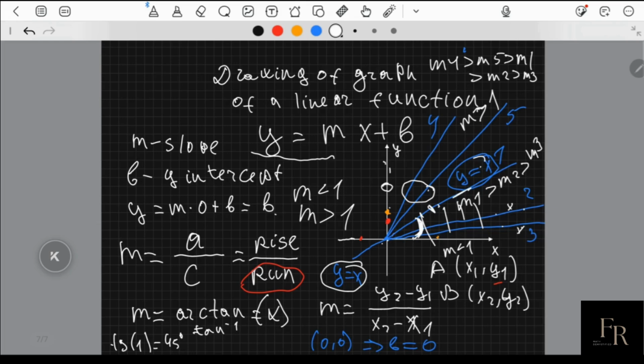And also when you look at the function without knowing several points, you could immediately understand if it is below this line, or higher than this line, or if it is an increasing slope, or if it is a decreasing function, just by looking at the function.